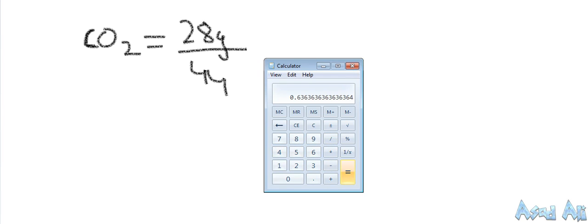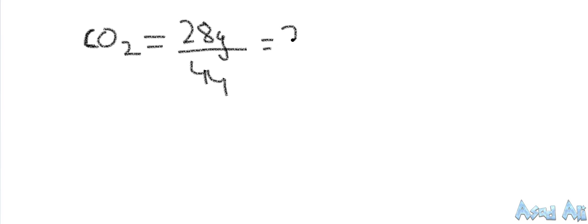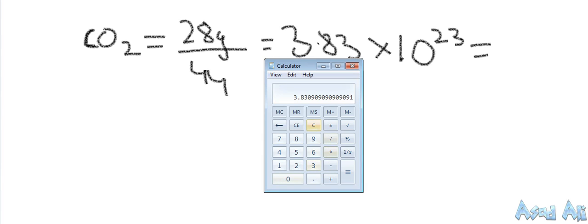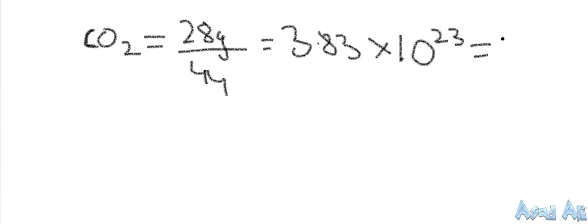The calculated value will be the moles, and the number of particles is determined by multiplying it by the Avogadro number, 6.02 × 10^23. That's 3.83 × 10^23 particles in 28 grams of CO2, which is 0.63 moles.